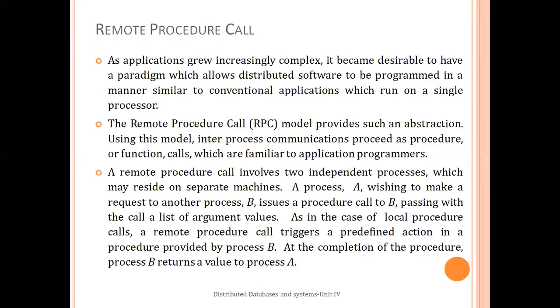Now, the next technology is remote procedure call. As applications are growing and becoming complex or large, we cannot use the previous models like the message-oriented model. So to avoid this, we are going for a new technology, that is remote procedure call, and this is based on object-oriented technology.